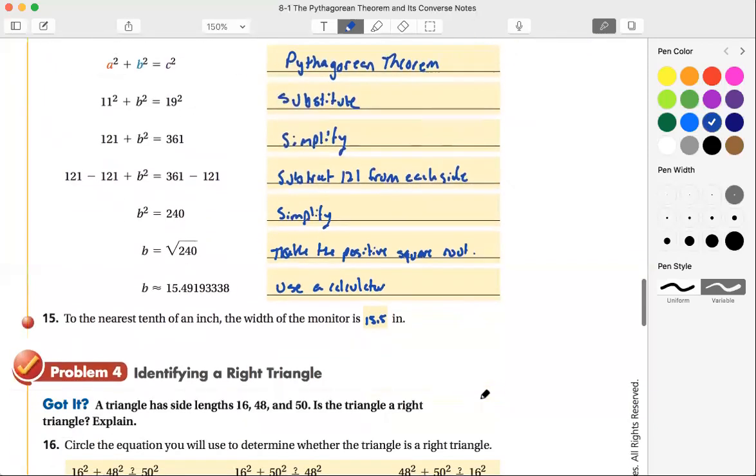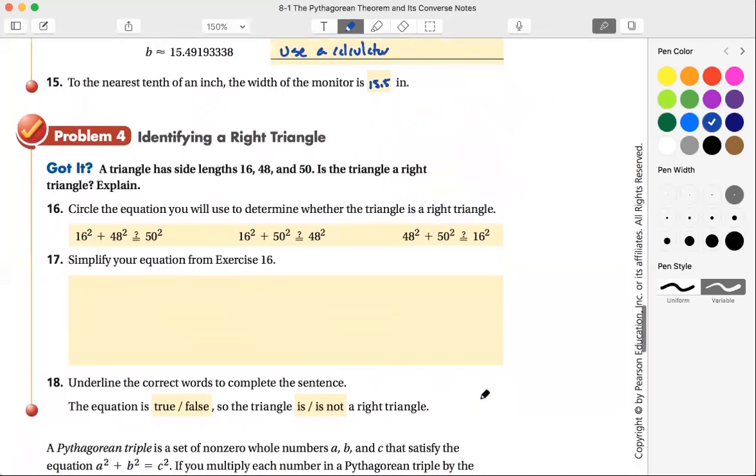Okay. In problem 4, let's identify what's a triangle. A triangle has side lengths 16, 48, and 50. Which equation would we use to determine if it's a right triangle? We need to make sure that 50 is the longest side, so it needs to be plugged in for the hypotenuse in the Pythagorean theorem. So let's verify that. 16 squared plus 48 squared, does that equal 50 squared? 16 squared is 256 plus 48 squared, which is 2,304.